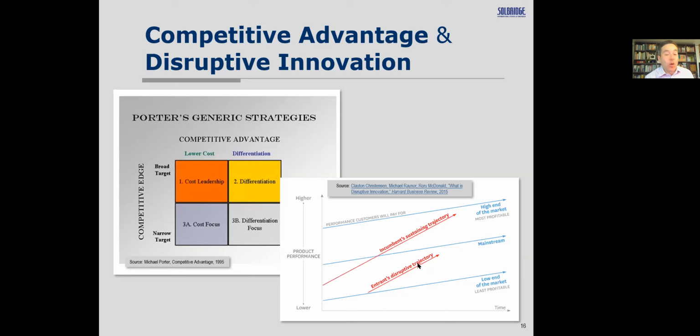It has a lower cost until it matches the mainstream performance expectation. And as soon as it reaches the mainstream, it will replace the more expensive technology. So cost leadership based on a disruptive technology is a powerful strategy.